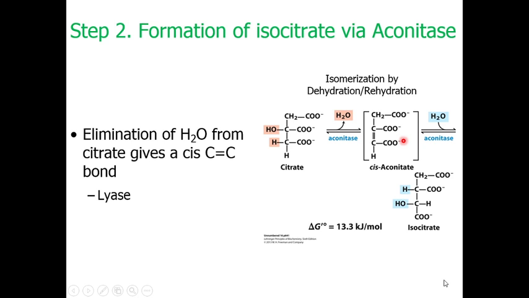Water is then added across this double bond stereospecifically to form isocitrate. So, in a nutshell, the enzyme aconitase catalyzes a dehydration as well as a rehydration reaction to convert citrate to isocitrate.